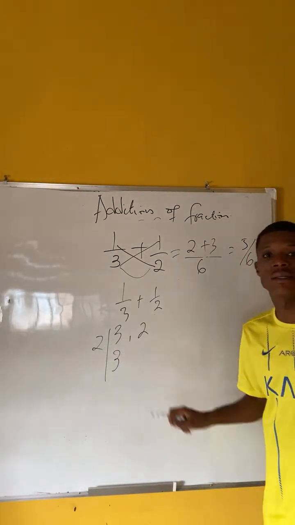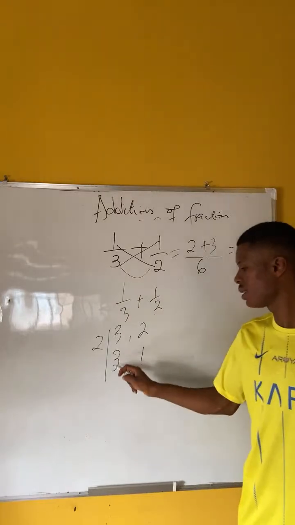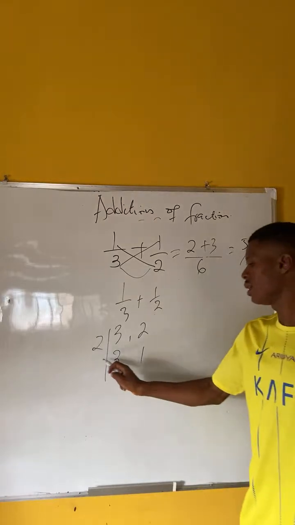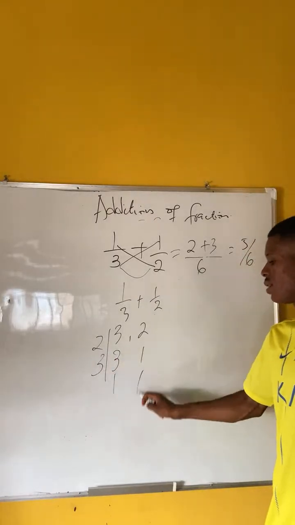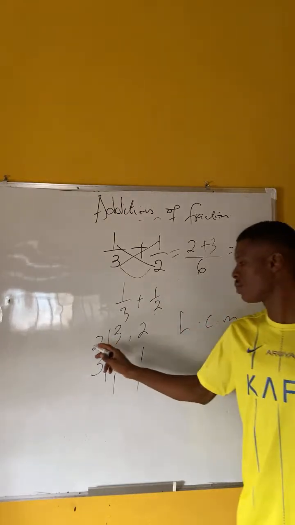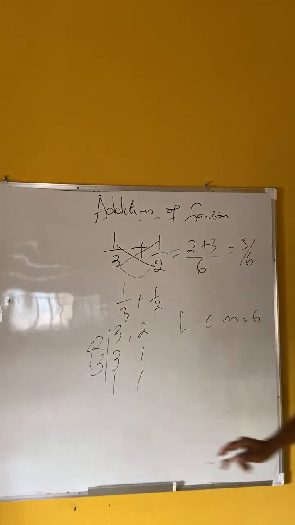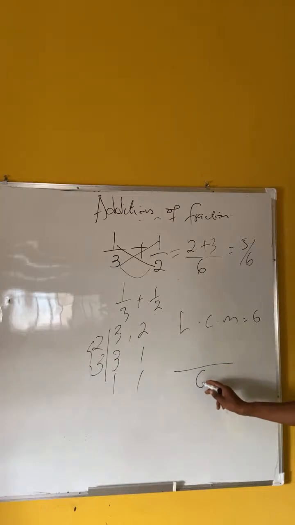Since 2 can divide 2, you write 1. Then you look at the next prime number, 3. If you divide, you have 1 and 1. So the LCM is the product of 2 and 3, which is 6. So you draw a straight line and write 6.